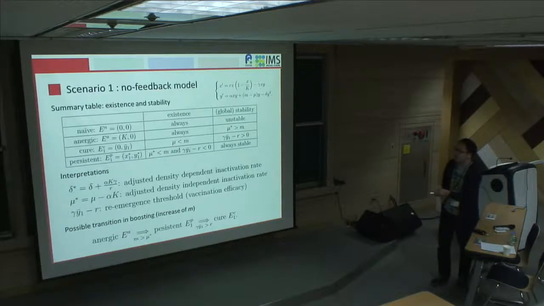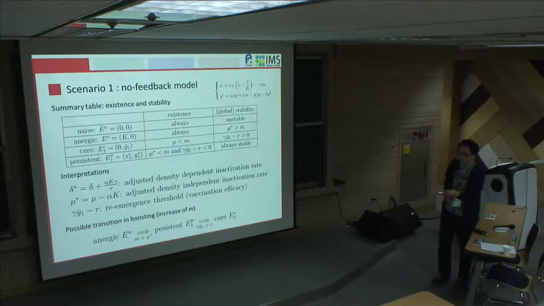And here is the interpretation of the formula. We see that delta does not have any effect on the stability and existence result for this system, but in the next functional form, this can become important.